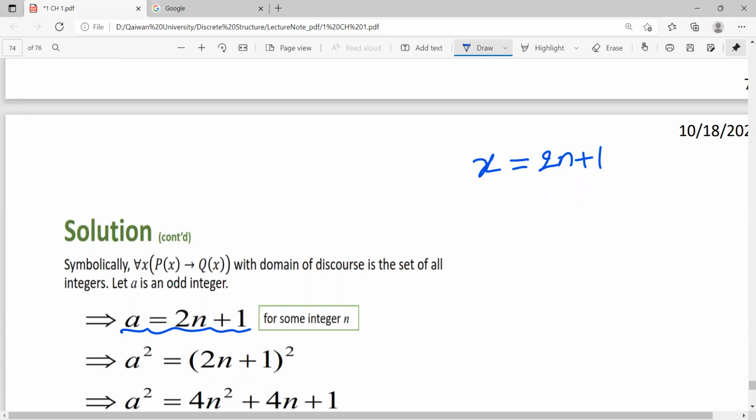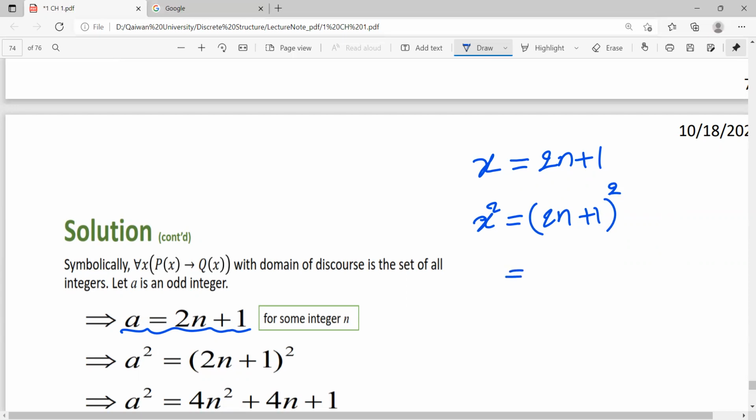Now we are going to take x squared. It must be odd also. We say x squared equals (2n plus 1) all squared. We just square both sides. On the right hand side, we have a bracket which is raised to an exponent. We are going to expand the bracket.